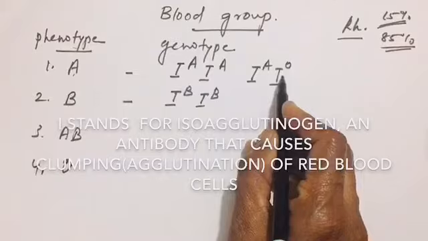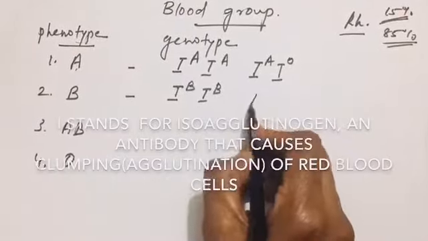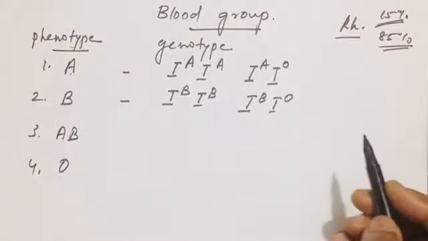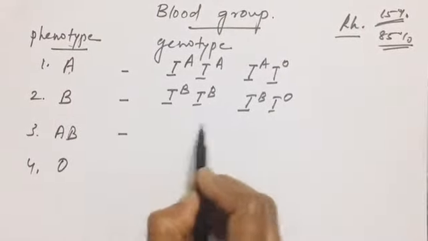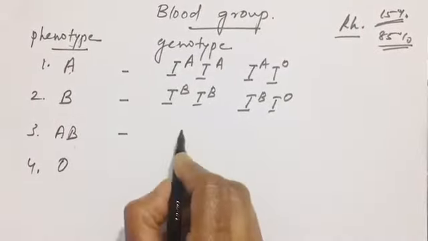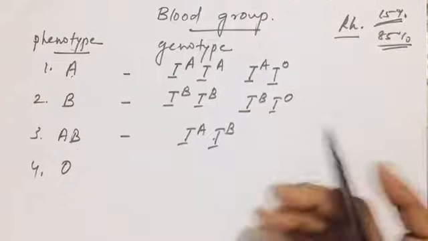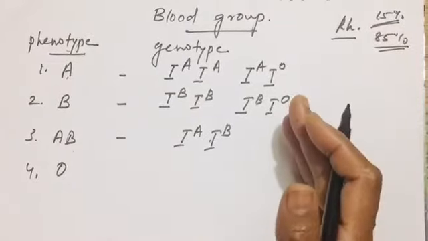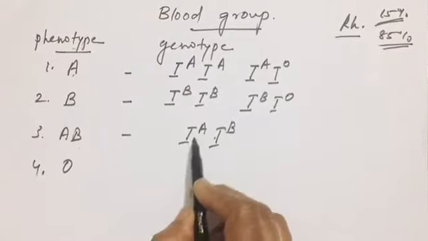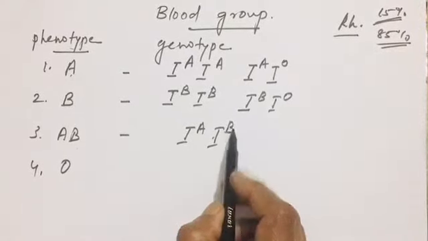If this is IA IO, it will naturally be IB IO. Then what is the genotype of AB? It is IA IB only. There is no other way of expressing the genotype of AB blood group. There is only one type, that is IA IB.